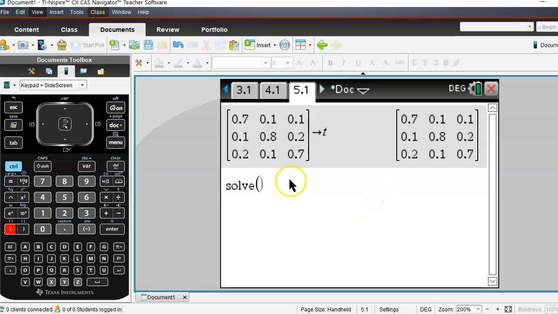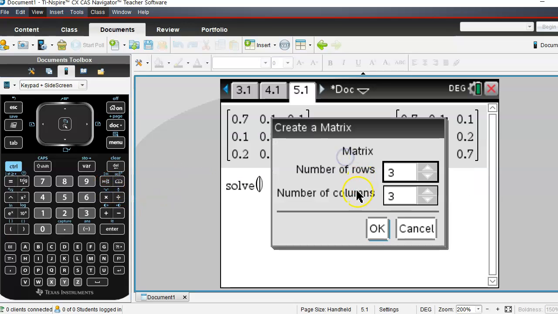Okay, so H1, let's pop that in. So 3 rows, 1 column.